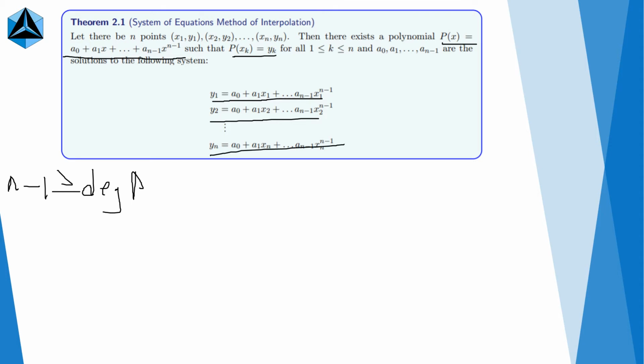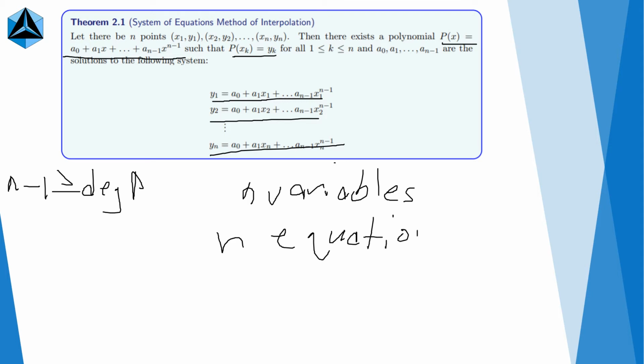One thing important to note is that we have n variables, right? Those are all the a's. And then we also have n equations. So since we have as many equations as we have variables, we can actually solve for the variables. The keen of you watching might ask why.